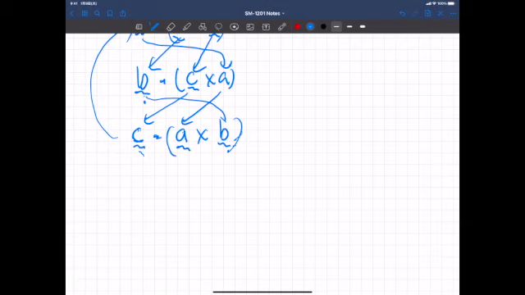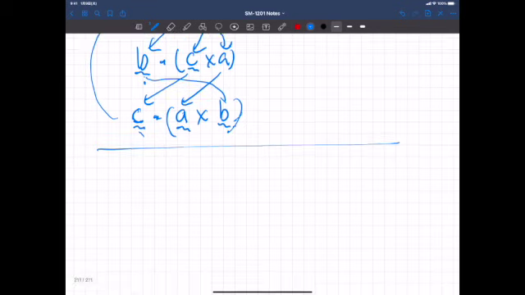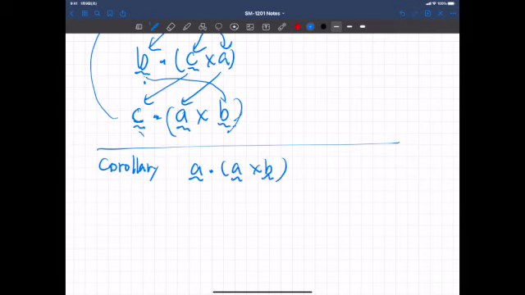And here's another corollary. That is, A dot (A cross B) is 0. Why? Again, this triple product can be expressed as a determinant. In that determinant, there are two rows with the same numbers.